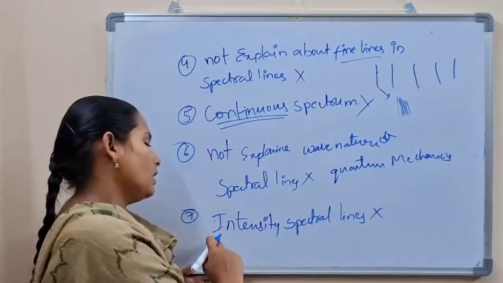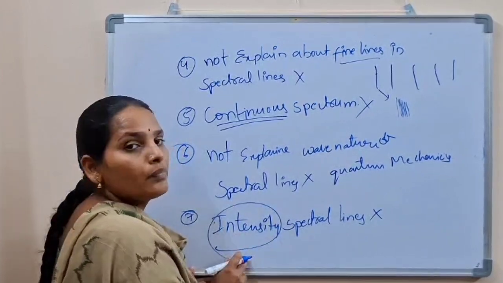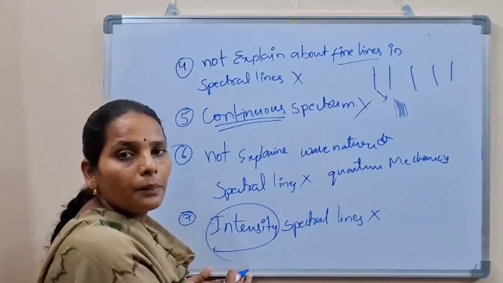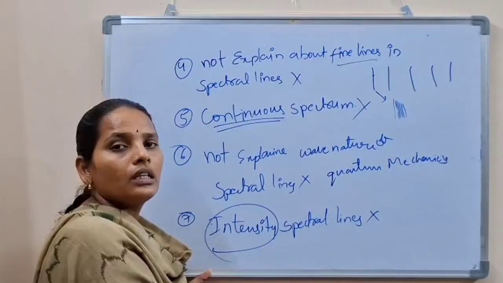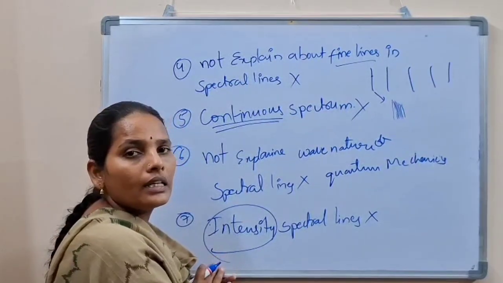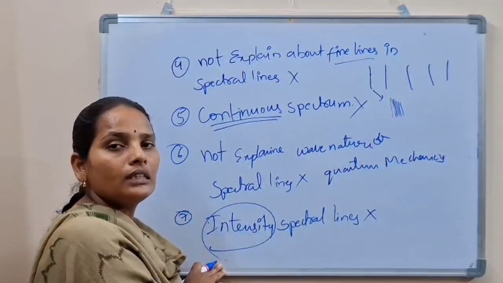Next, it did not explain the intensity of the spectral lines. When radiation falls on the prism and emission takes place, it produces different colors. The colors are produced by different intensities, and that is not explained by Niels Bohr in his theory.